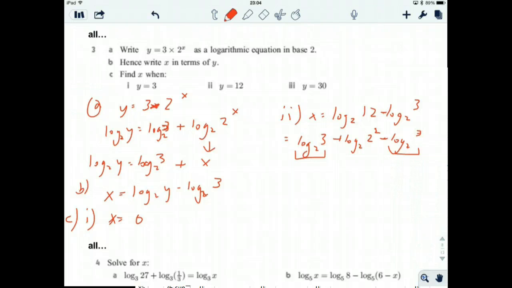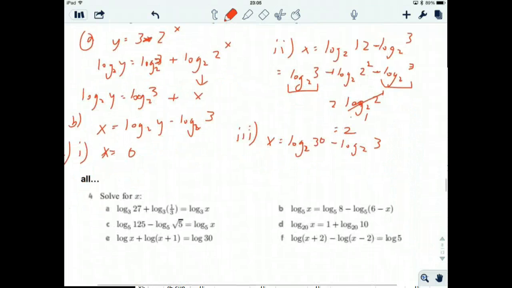Log base 2 of 2 squared would be 2 log base 2 of 2. Log base 2 of 2 is just 1. Right? So that would just be equal to 2. 3, when y is 30, so that would be x equals log base 2 of 30 minus log base 2 of 3.